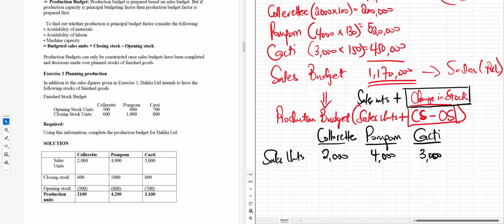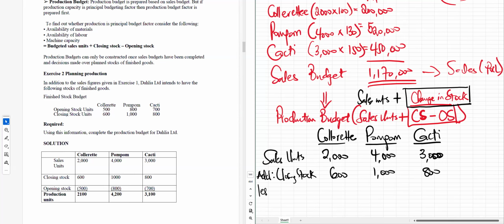Now that we have this, we add our closing stock. How much was the closing stock of finished goods? 600, 1,000, and 800.